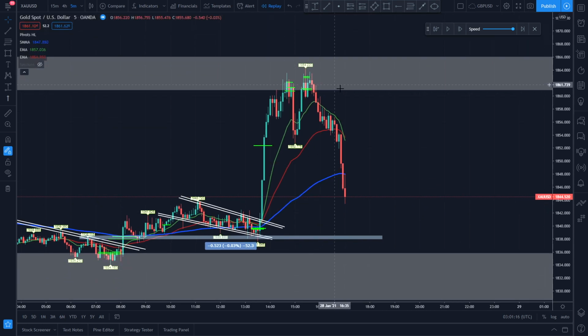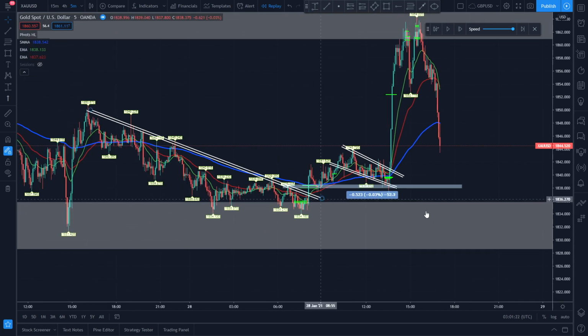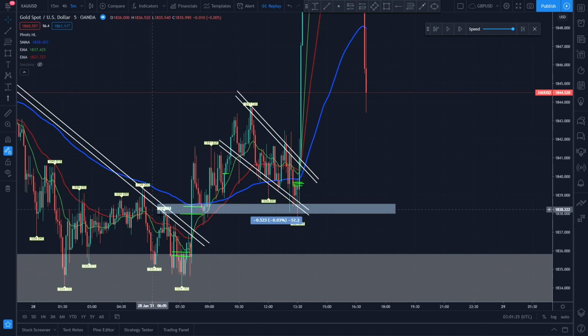I had a nice double top here. I took advantage of the sell, took advantage of the buy here for this trendline break. And then of course I have my support here for my last lower high here. This was a lower high and this was the lower low.